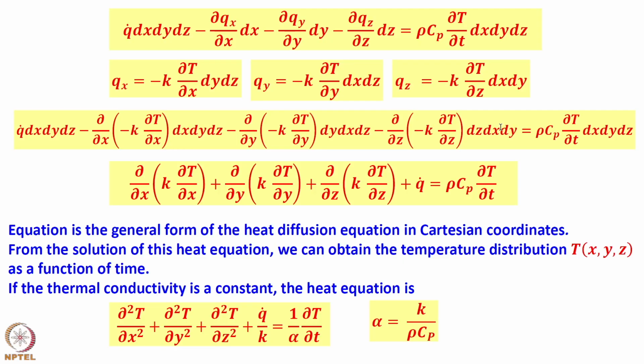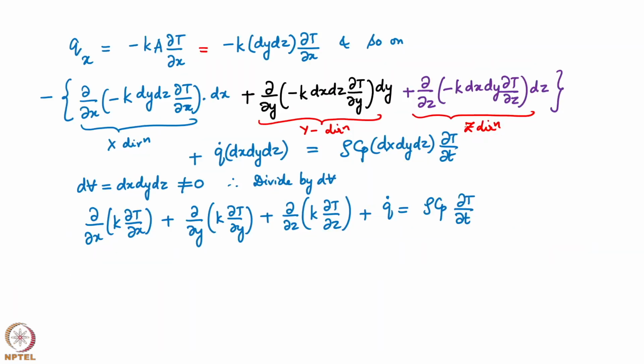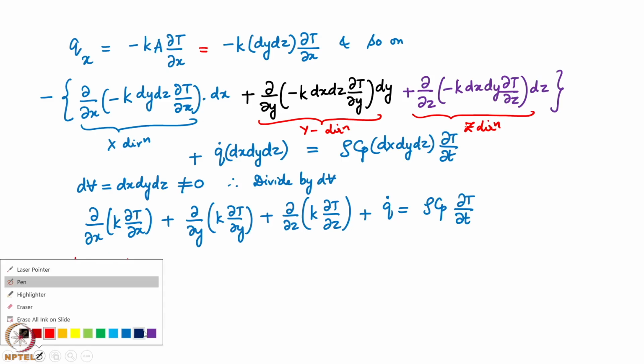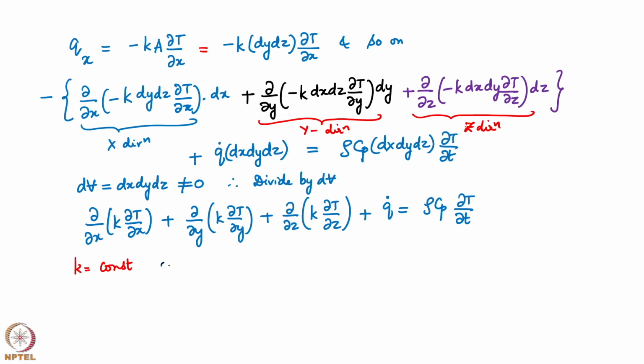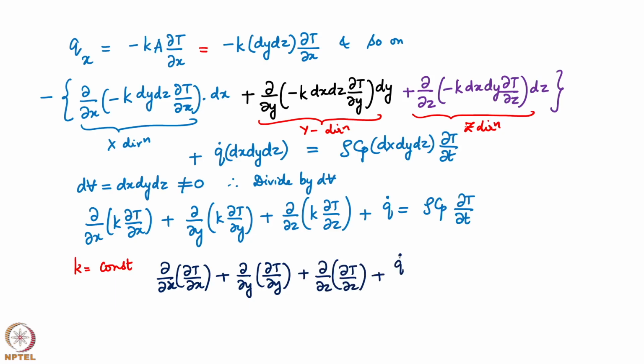So, let us just go back to our writing board. If k is constant, I can pull this out of the differential sign, and what I will get here is nothing but d by dx of dt by dx plus d by dy of dt by dy plus d by dz of dt by dz plus q dot by k equal to rho Cp by k dt by dt.